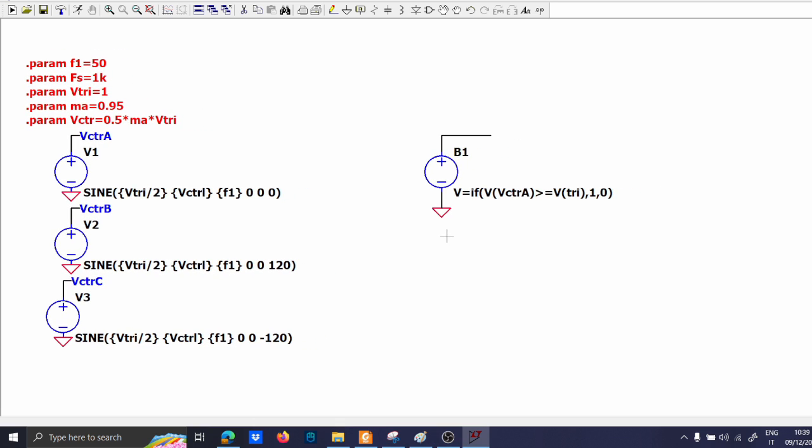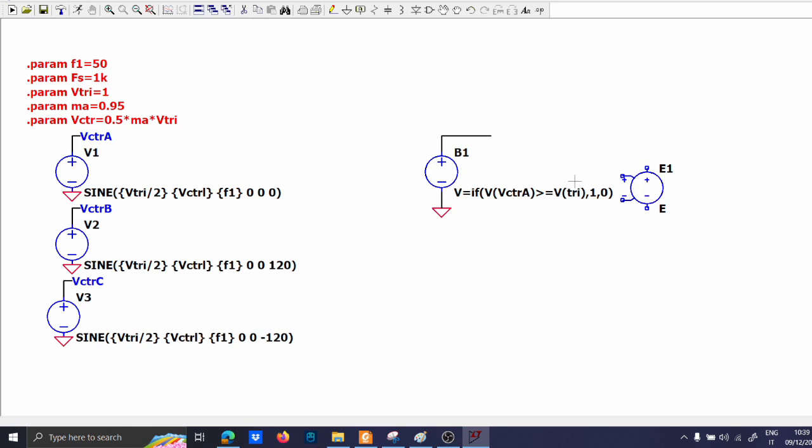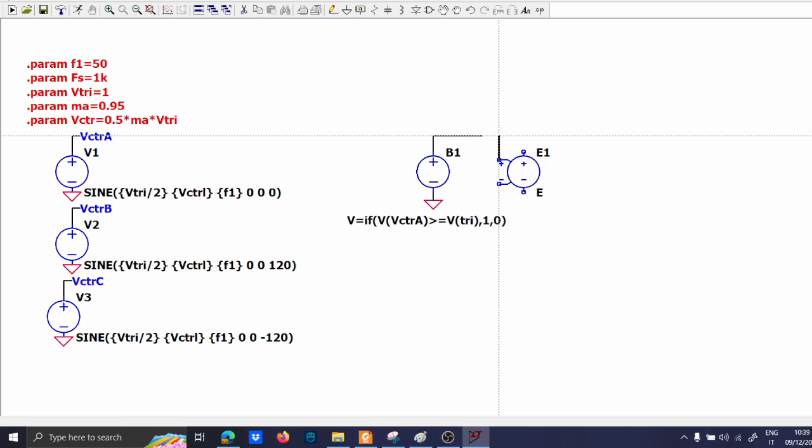Now, since the switch is high side, you need the gain like this. Let me put it here. We must be careful here because we can't waste any space. This ground here has to be connected to the same ground of the BV generator.